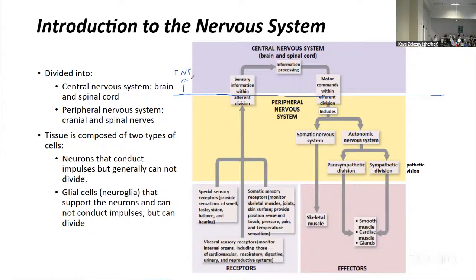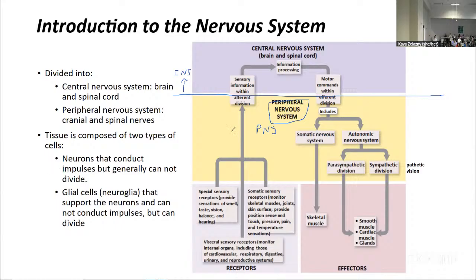And then all the nerves that come out of the central nervous system, so coming out to the sides, your different spinal nerves, making their way out of the vertebrae, right, would be going into our peripheral nervous system, so our PNS. So a nerve that you see like in your arm is going to be part of the peripheral nervous system. The nerve you see up in your brain are part of the central nervous system.